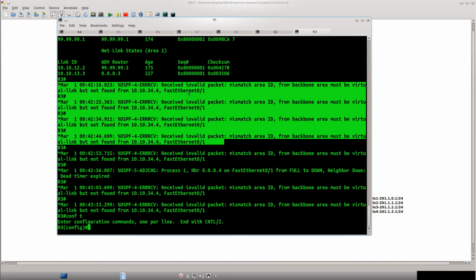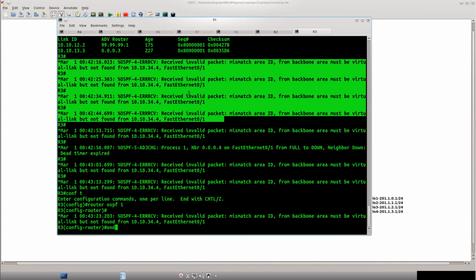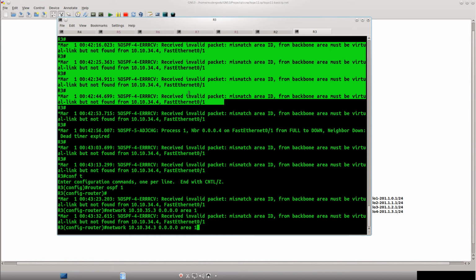So conf t, router OSPF 1. Hit the up arrow a bunch of times, and you're going to get to a network statement. So between routers 3 and 4, it's going to be network 10.10.34.3.